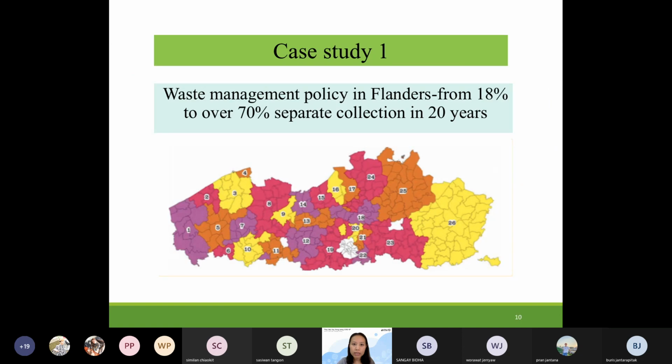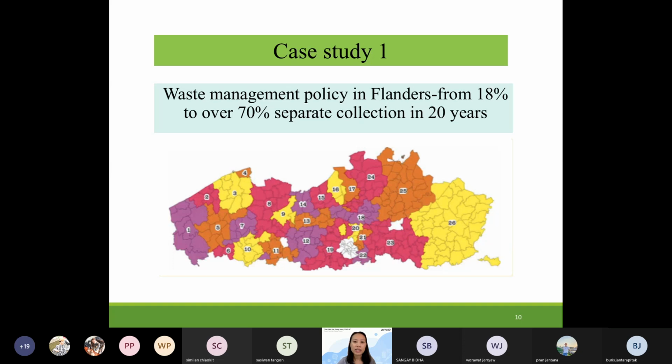And this shows a case study of waste management policy in the federal region. It can reduce... the separate collection in 20 years from 18% to over 70%.